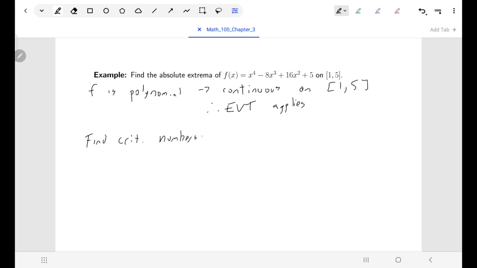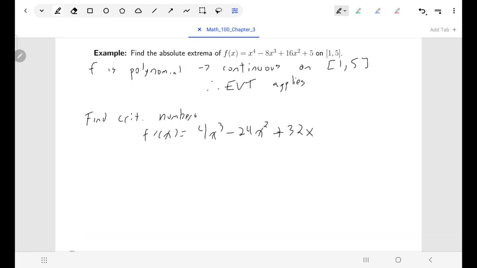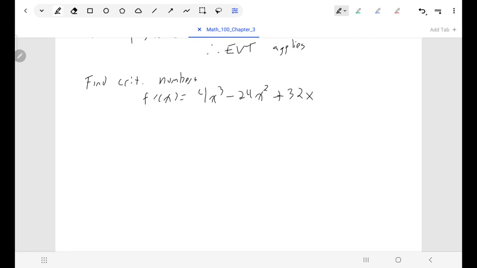And to find the critical numbers, we need to first find our derivative. So let's do that. The derivative of our polynomial is 4x cubed minus 24x squared plus 32x. And critical numbers happen when f prime is either equal to 0 or f prime is undefined.